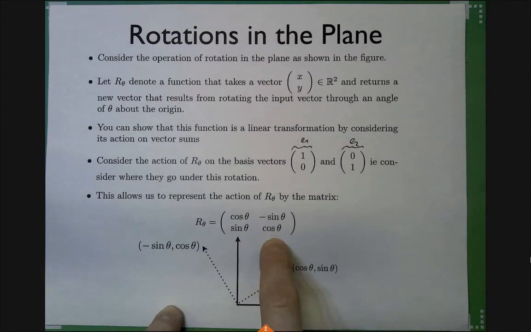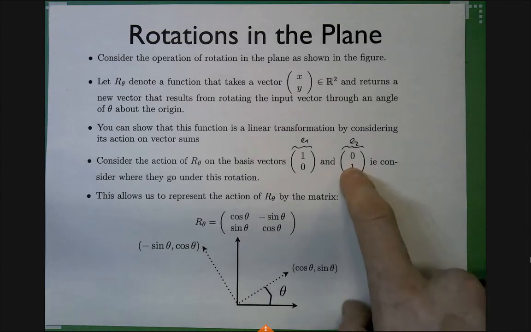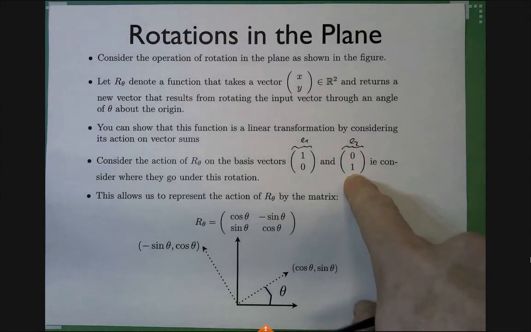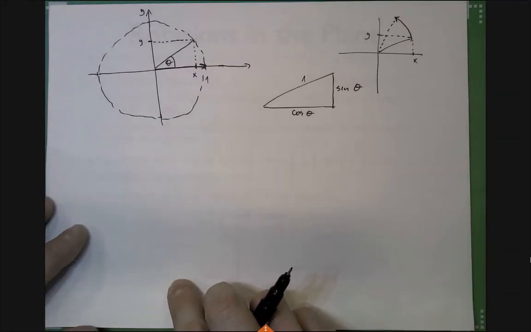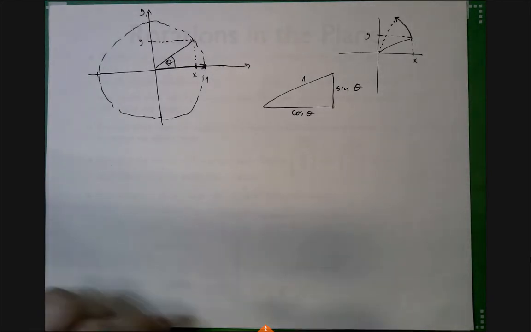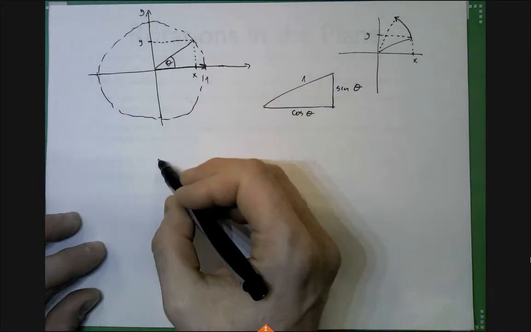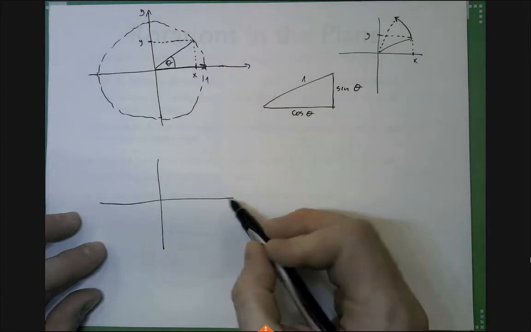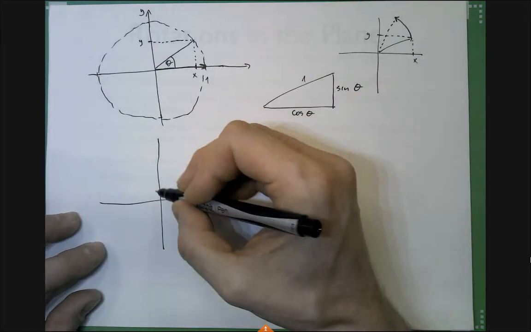How do I get the second column? Well, that's the rotation of my vector (0, 1) by angle theta in the plane. So a similar picture like before. I hope it's not making you dizzy by switching this line. Now we are rotating this vector.